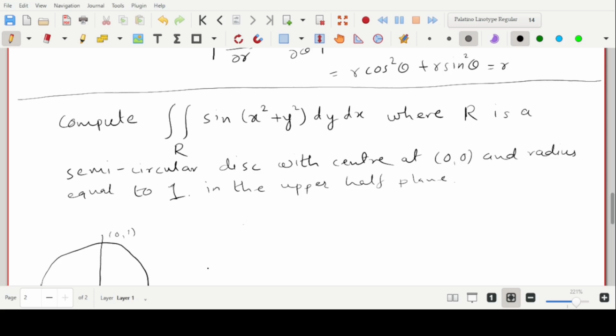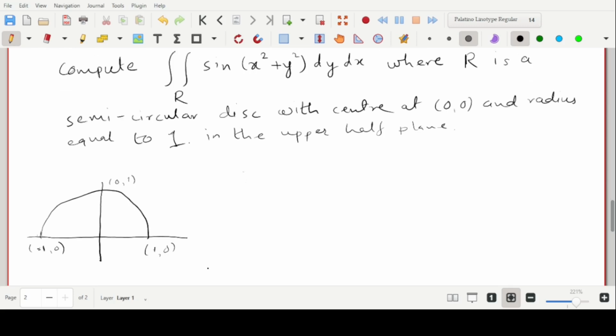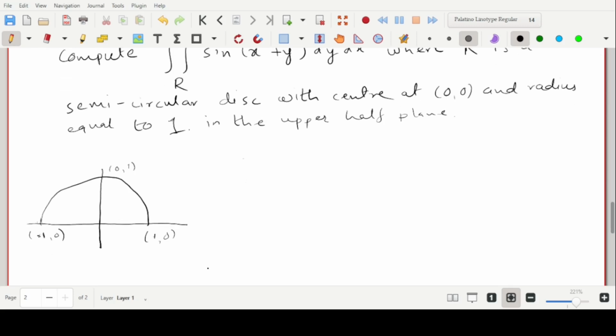Alright, so here the region as well as the function both are pointing toward the change of coordinates to polar coordinates. Alright, so let us substitute x equal to r cos theta, y equal to r sin theta.